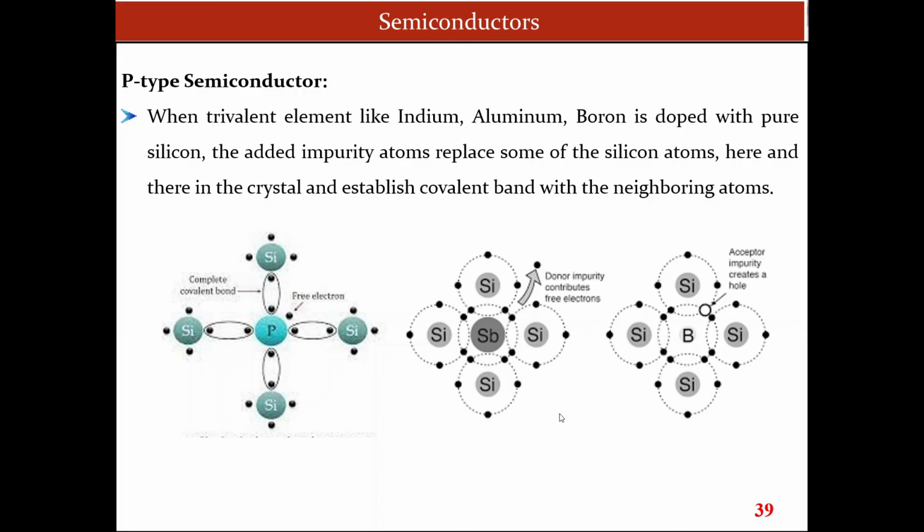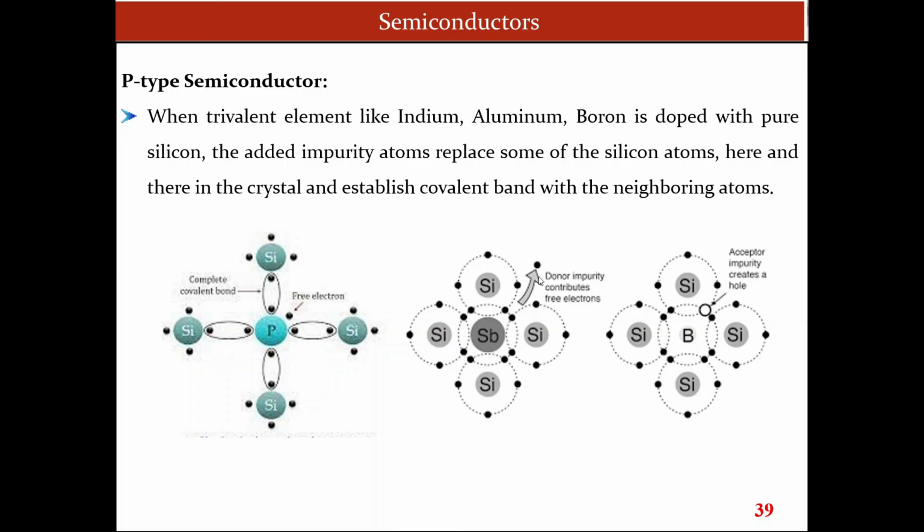This is an example that we have here. This is boron, so the 3 boron electrons, that is 1, 2, 3, will be covalently bonded with silicon, but there is 1 bond left. So this acceptor impurity creates a hole.